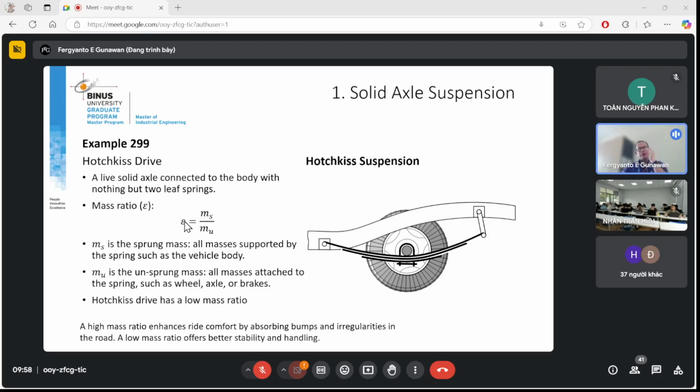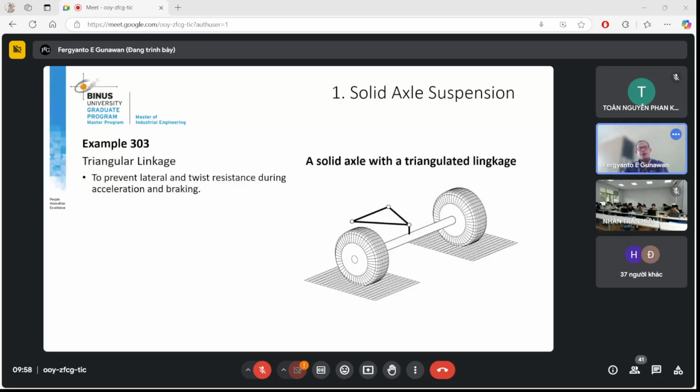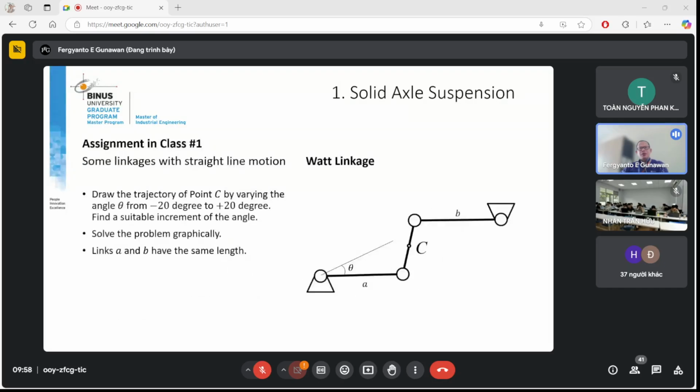So to improve the comfort, we have to make the mass of the vehicle higher in comparison to the suspension system, right?